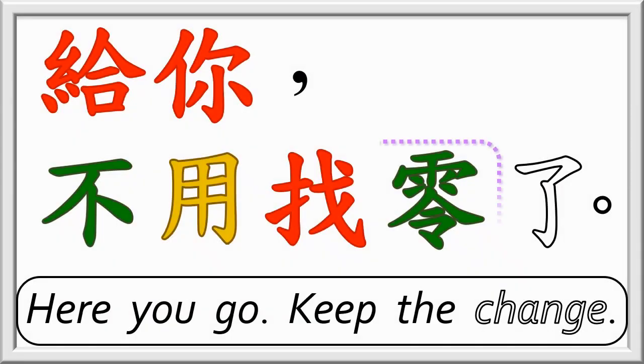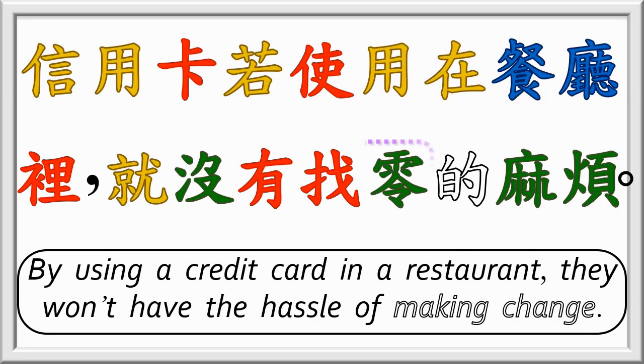To make change for a large denomination bill, then, is 找零, literally, to find the bits left over. 给你，不用找零了。Here you go. Keep the change. 信用卡若使用在餐厅里，就没有找零的麻烦。By using a credit card in a restaurant, they won't have the hassle of making change.